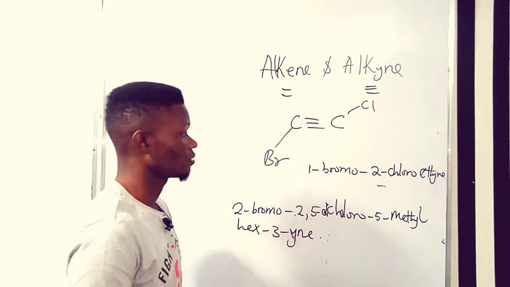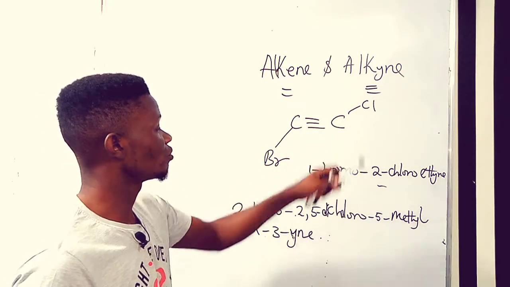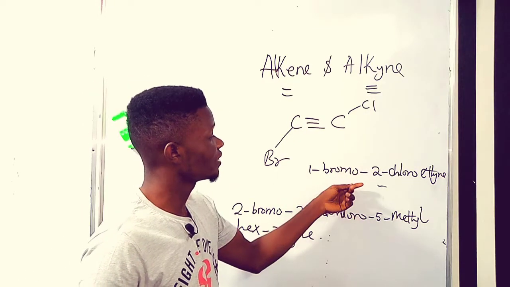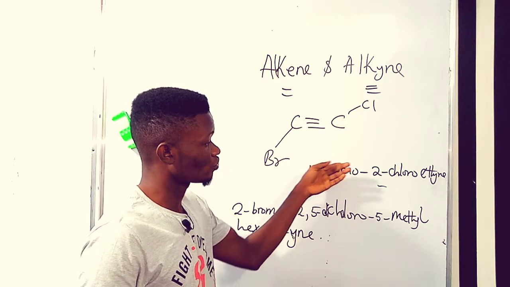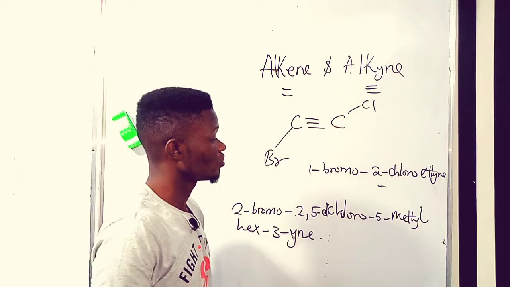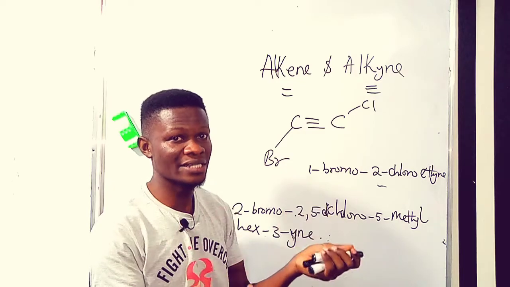All right, 1-bromo, that is your naming from here. 2-chloroethyne. And what you must consider again is that we are giving the lowest numbering to the what? To the substituent, and also to the what? The functional group, sorry, the triple bond that is here with us as the what? The functional group, because it determines the parent's name.